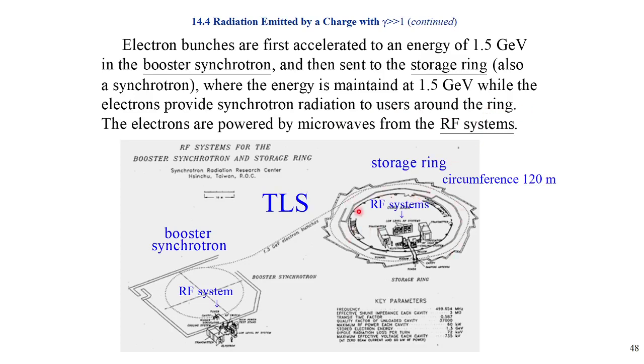I remember the new one is much higher, 3.3 or something. The electrons are powered by the microwave from the RF systems and radiate due to the magnet.